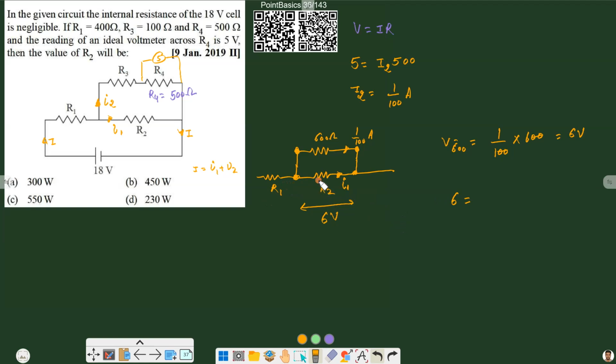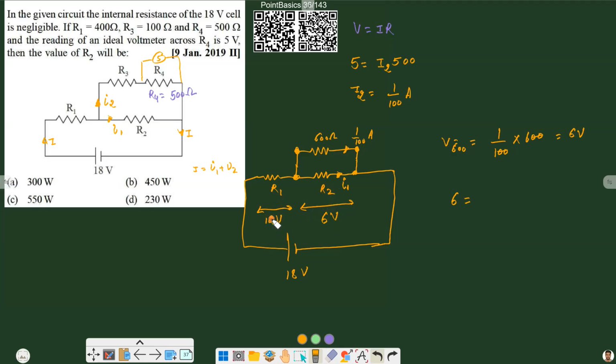Now as we know that this potential drop is 6 volt, and the total potential drop here is 18 volts, the potential drop across R1 should be 12 volts, because the total potential is 18, out of which 12 is dropped across R1 and 6 is dropped across R2.